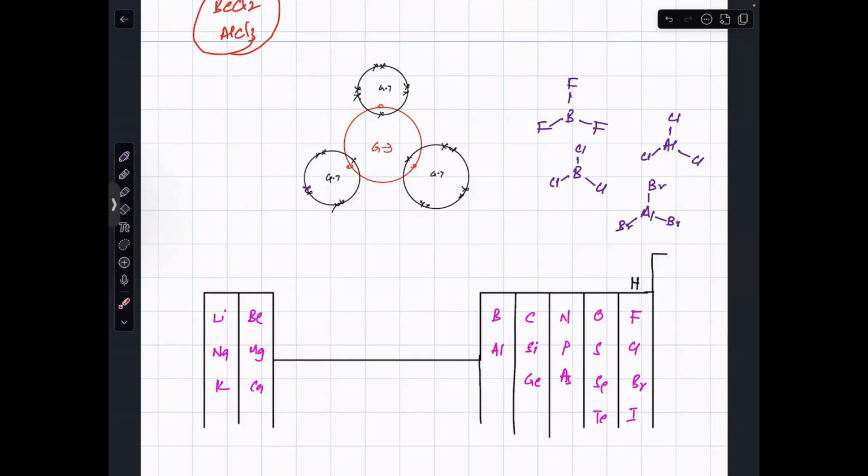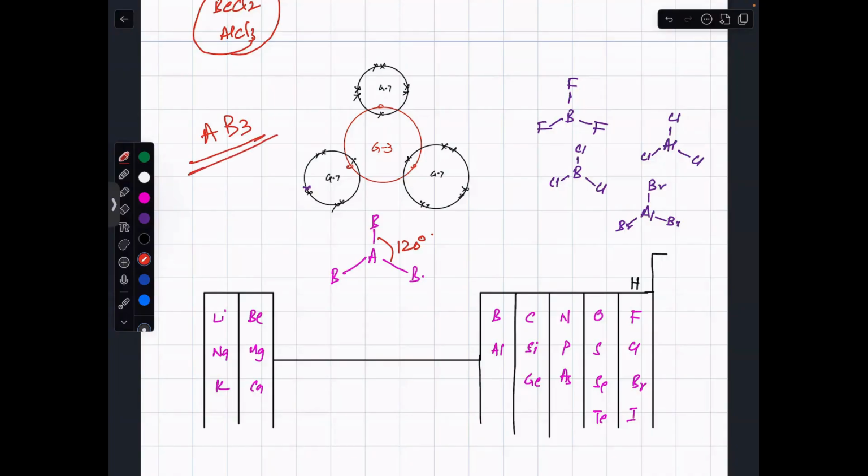The last shell is not complete, but there are how many shared pairs? 1, 2, 3. So it's AB3. Maximum separation at 120, trigonal planar. Right? This is AB3.